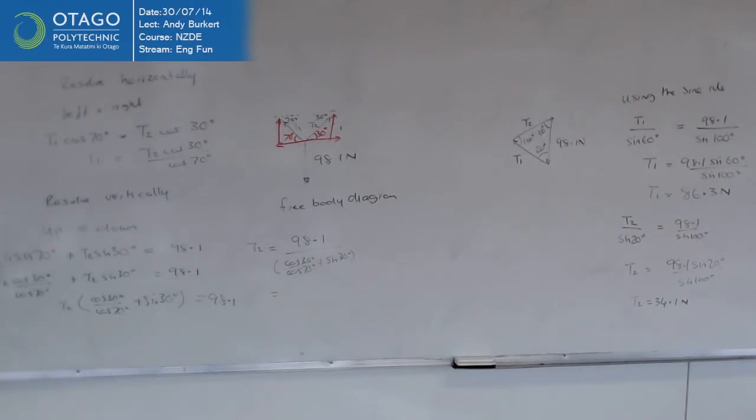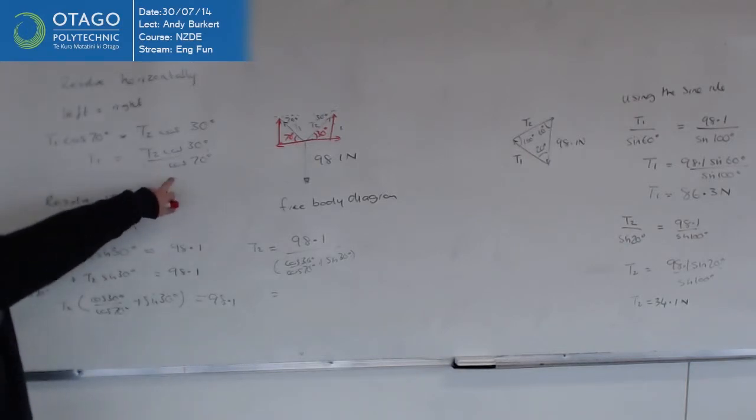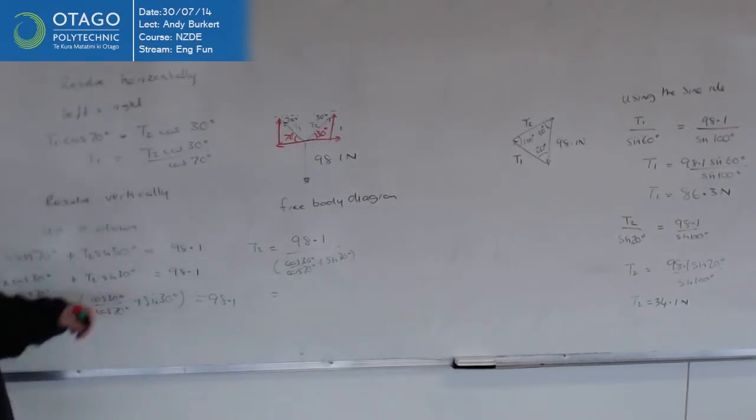Here this says T1 sine 70, yeah? And then T1 is T2 cos 30 over cos 70. I forgot the sine 70. T1 sine 70, and T2 cos 30 over cos 70 is just T1.